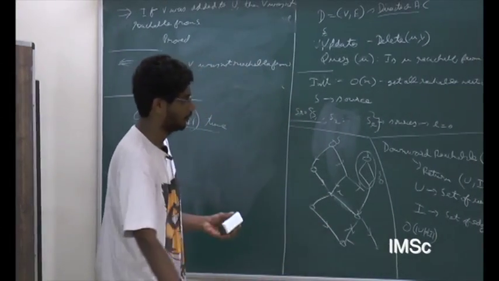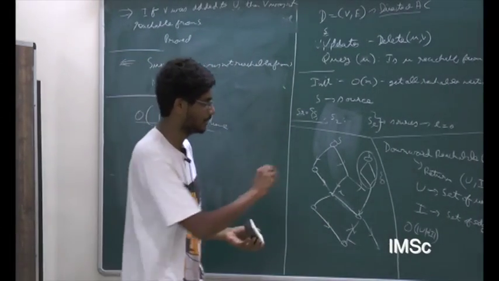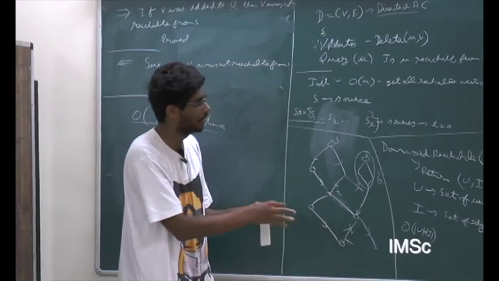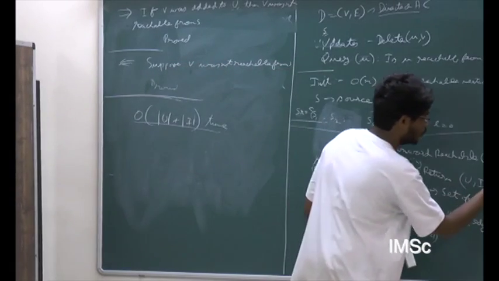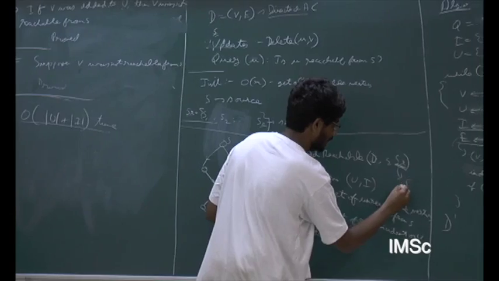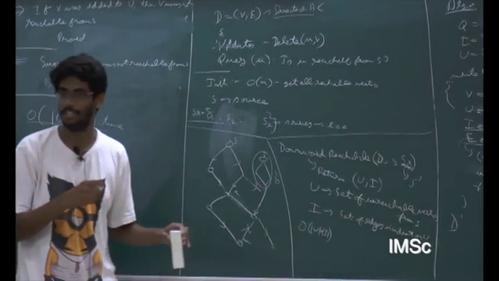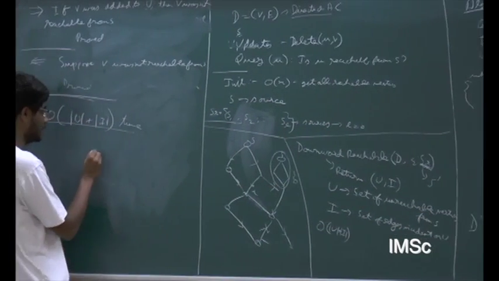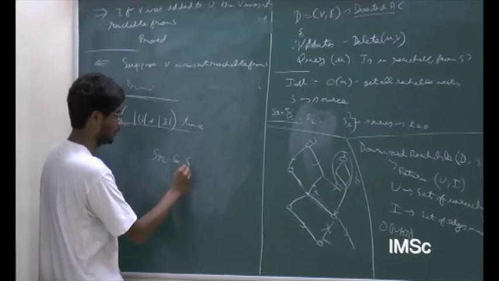For the sake of the future, we'll use this subroutine in a slightly different way. Instead of giving all the sources, we'll be given some set S prime of vertices, and we'll be guaranteed that all the sources are in S prime.